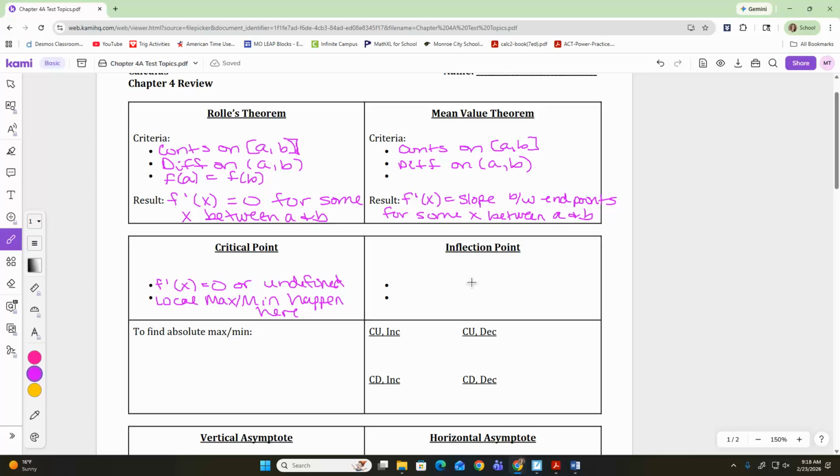What are the inflection points? Second derivative 0. Good. And these are the points where the concavity changes.